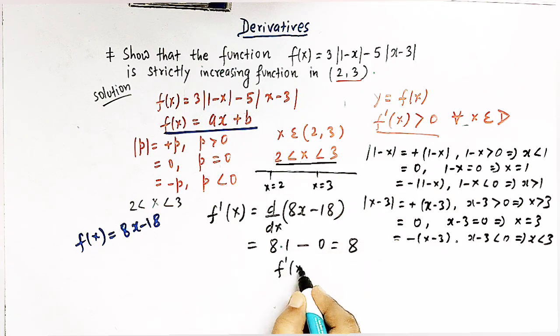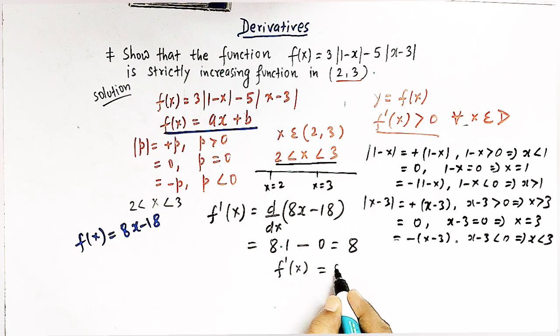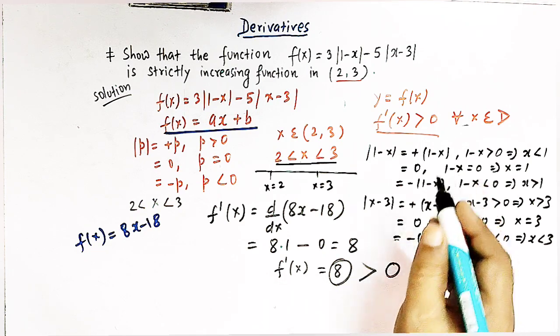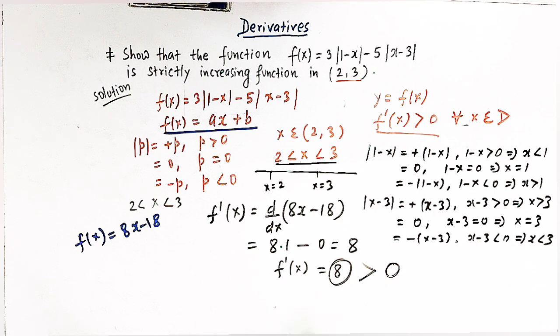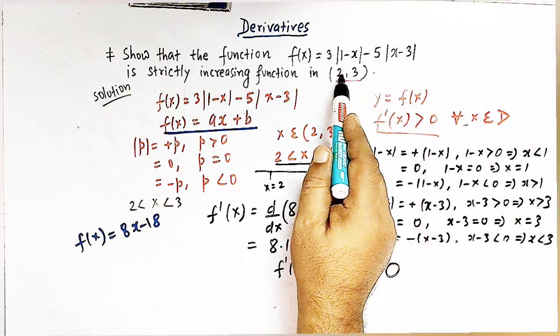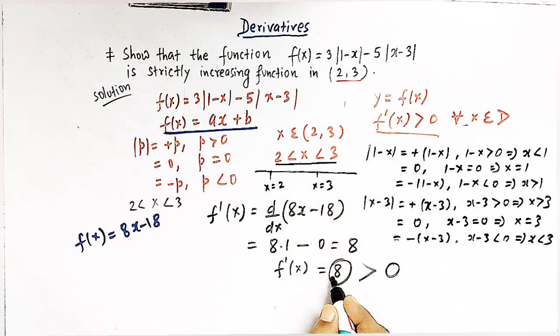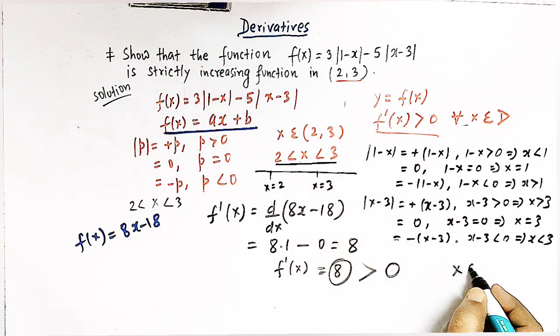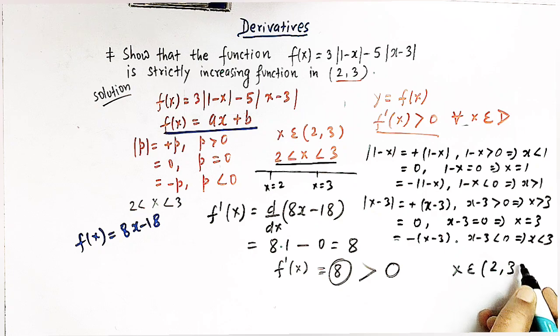So f prime of x is equal to 8, and this is a positive quantity. So f prime of x is always greater than 0 for all values of x belonging to the domain, that is x belonging to 2 comma 3.